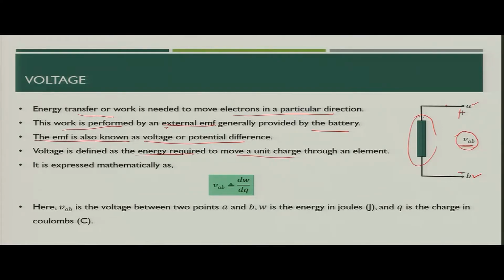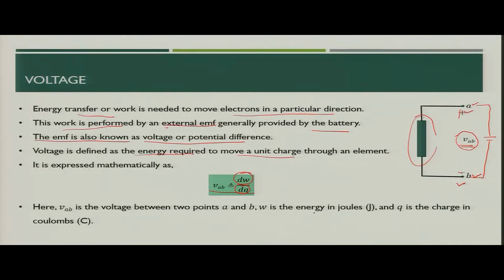What you will do is find the work done by the battery, which is connected external to this element, to move one unit charge from point A to point B. How will you express it in mathematical terms? You will simply say VAB is nothing but dW by dQ, that is work done divided by the unit or differential charge, which is why we represent it as dQ.